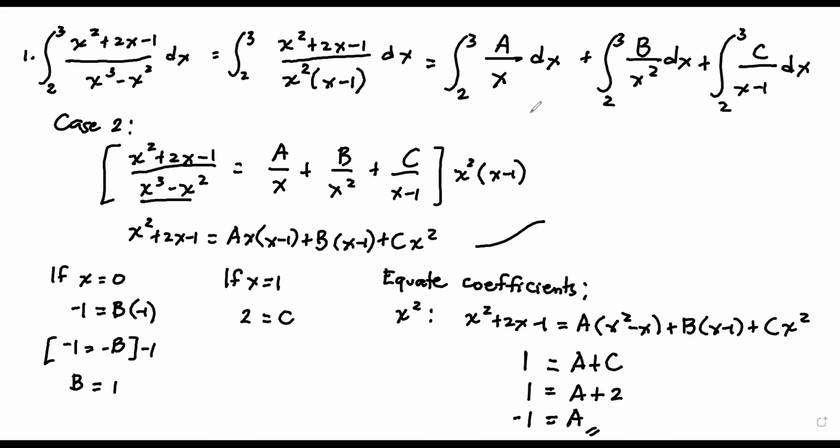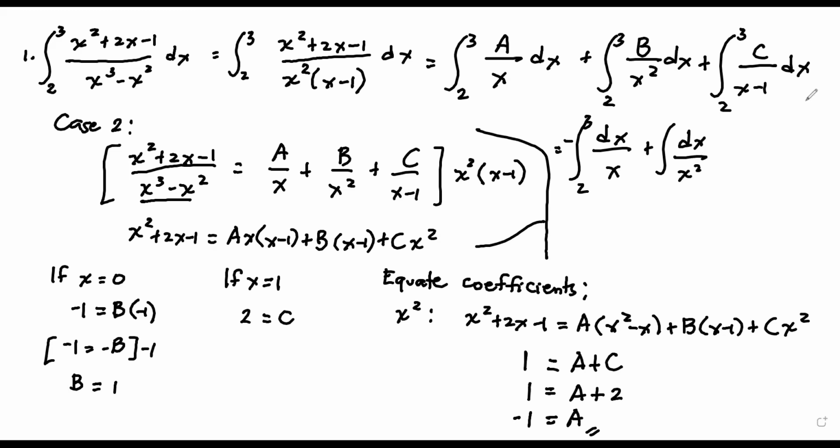So when we write here, A is negative 1, so negative dx over x from 2 to 3. And here, the value of B is 1 plus dx over x squared. The value of C is 2 plus 2 integral of dx over x minus 1.